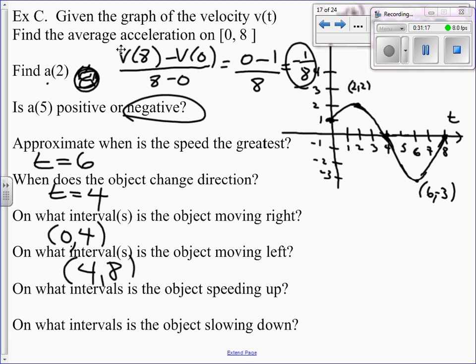When is it speeding up? Where is velocity positive and the acceleration positive? It's got to be above the x-axis and increasing for both to be positive. 0 to 2, they would both be positive. Anywhere else where they have the same sign?